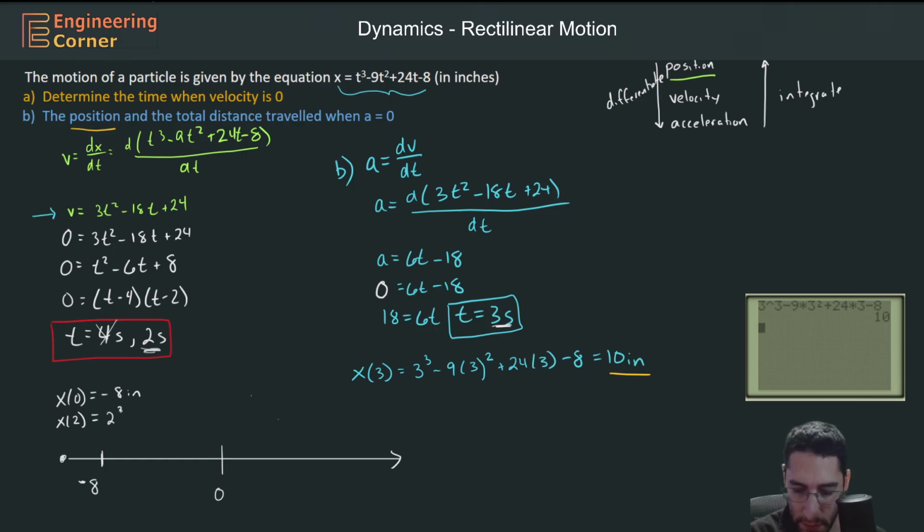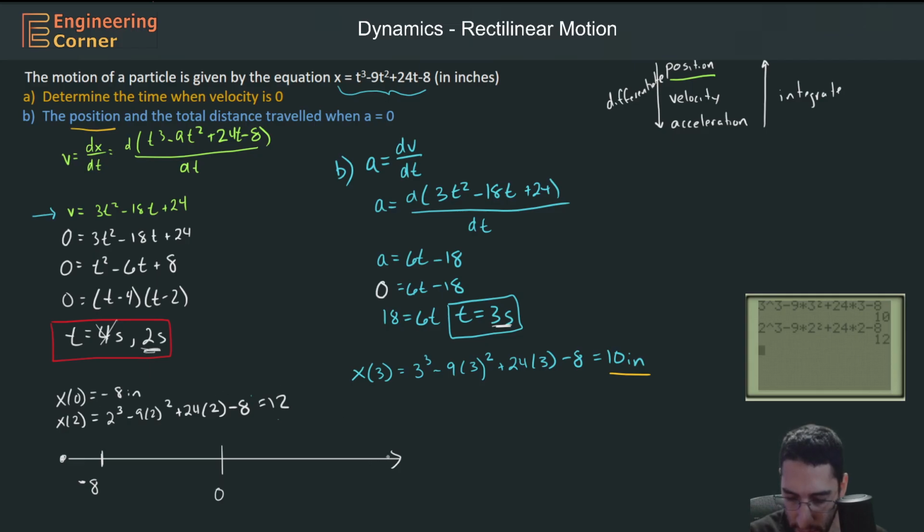So 2 cubed minus 9 times 2 squared plus 24 times 2 minus 8. We get that this is equal to 12 inches.